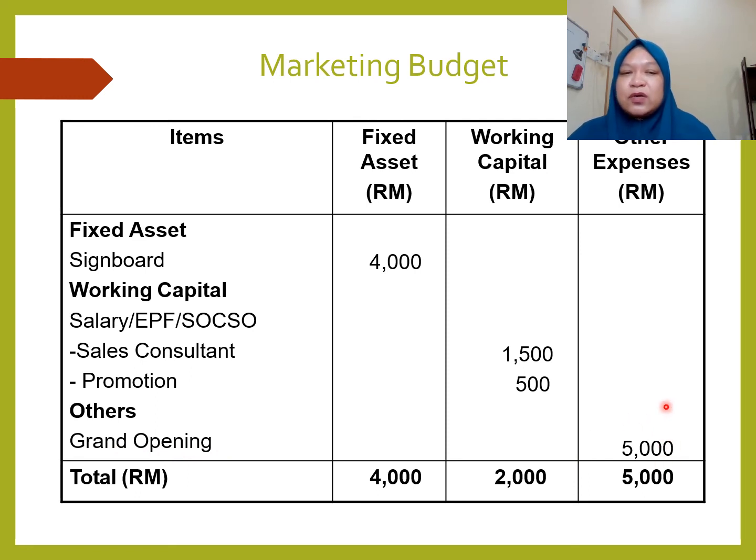The working capital or working expenses is also called monthly expenses because these are expenses we incur every month. While for the other expenses, the expenses are incurred maybe once a year, twice a year, and so on, meaning that it's not monthly.